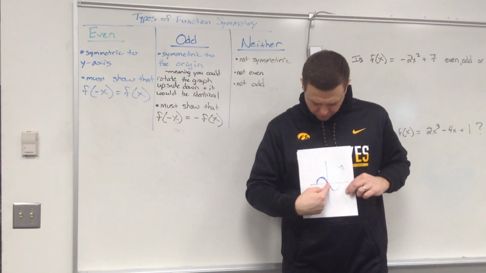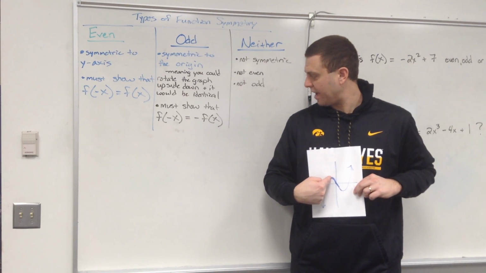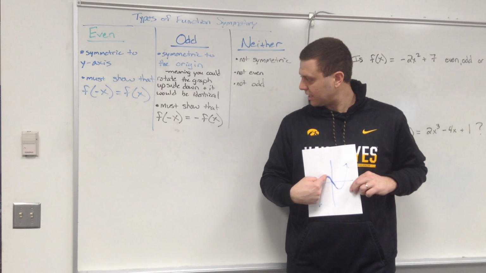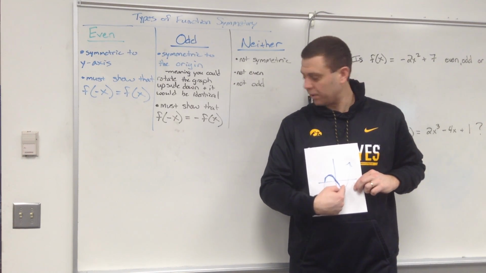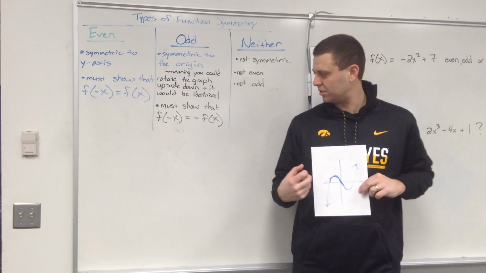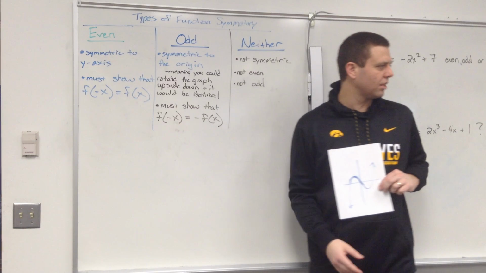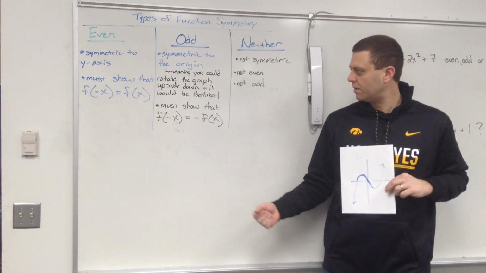So for instance here, if I plugged in a negative 2 and out came a 5, it would make sense then that if I plugged in a positive 2, out would come the opposite of that, which would be negative 5. They're just opposites of each other there. But again, I'll show you an example of one where we get even, we get odd, we get neither.